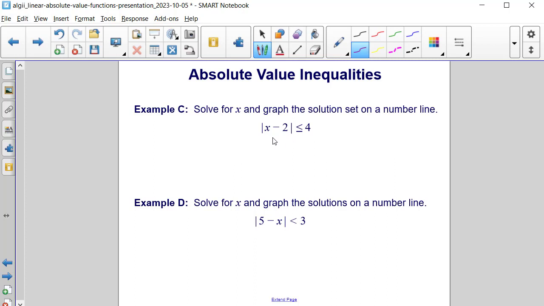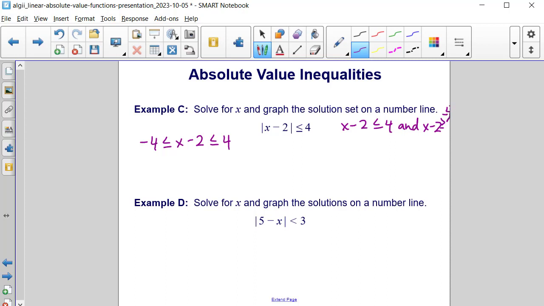So you could write either one long compound inequality, such as negative 4 is less than or equal to x minus 2, which is less than or equal to 4, or you could write it out as two separate inequalities with the word and in between them. So you could have that x minus 2 is less than or equal to 4 and x minus 2 is greater than or equal to negative 4.